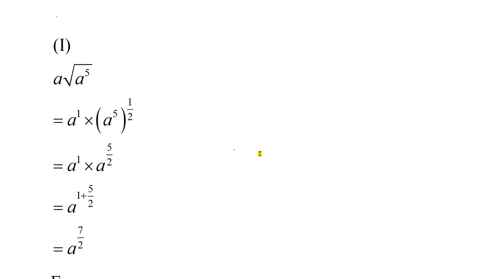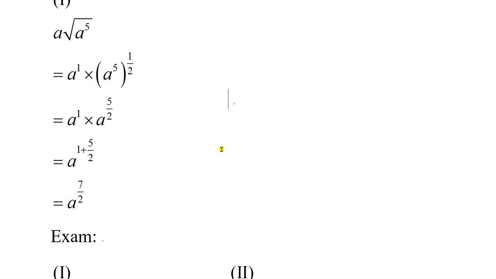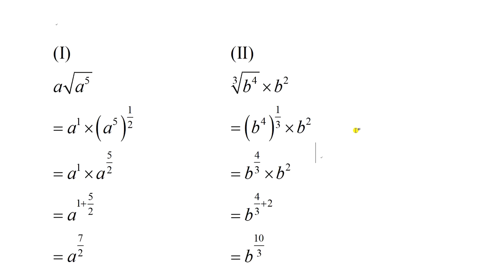So part 2. When you consider this expression, cube root of b to the power 4 times b squared, first of all, change all the root signs to become index. So that is b to the power 4 in brackets, power 1 over 3, and then times b squared. And the next step becomes b to the power 4 over 3 times b squared.